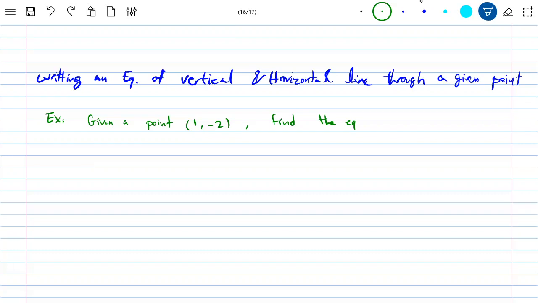Equation of a vertical line and horizontal line that pass through that point.